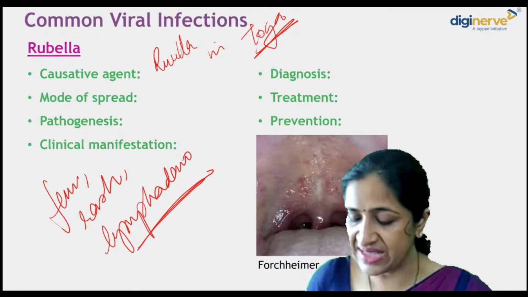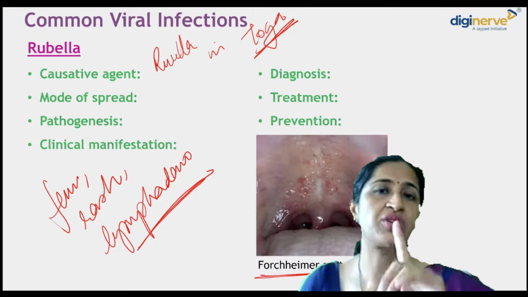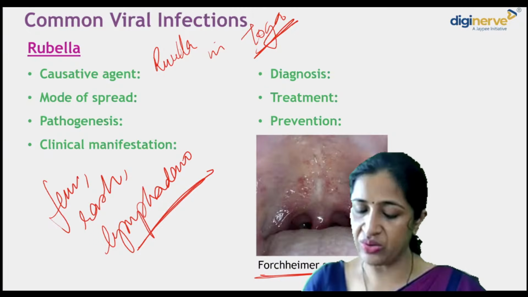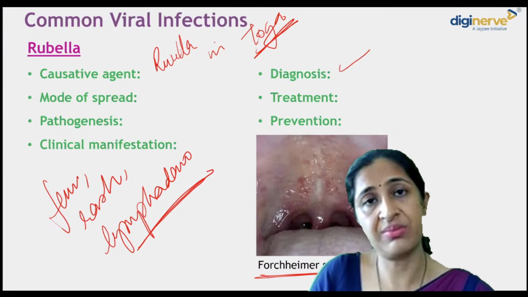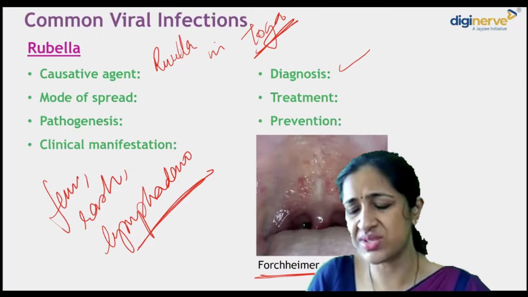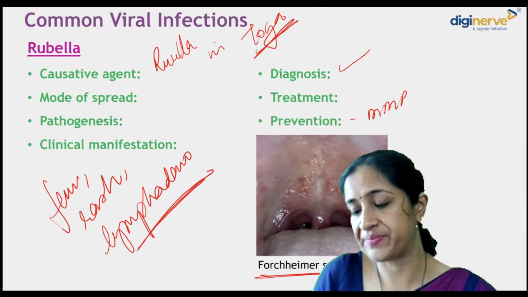There are these Forchheimer spots, which are seen as small petechial spots on the hard palate somewhere close to the midline. Now, the importance with rubella is that diagnosis is also the same, clinical diagnosis. IgM rubella is not usually used. Treatment is supportive, prevention MMR.